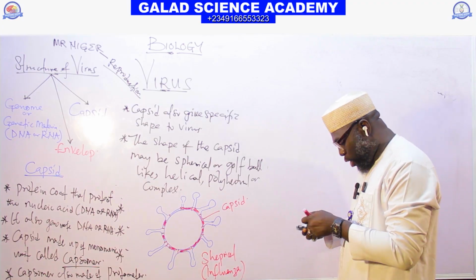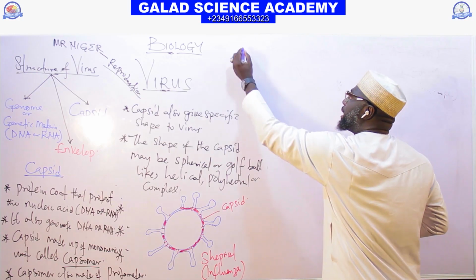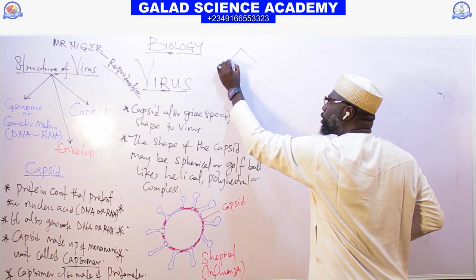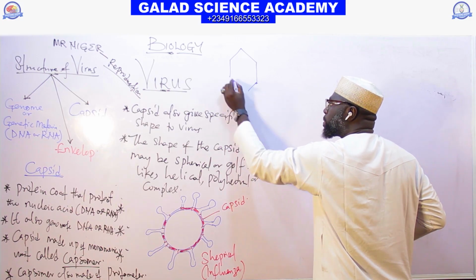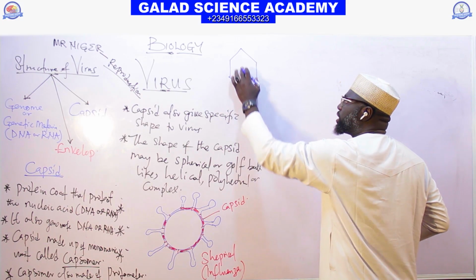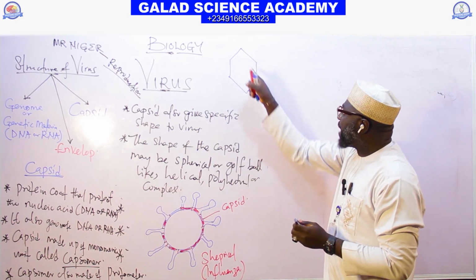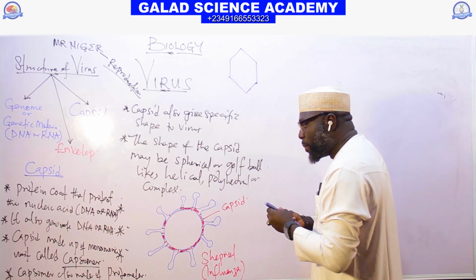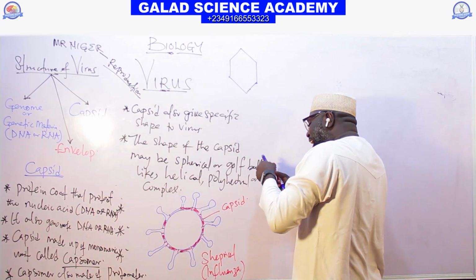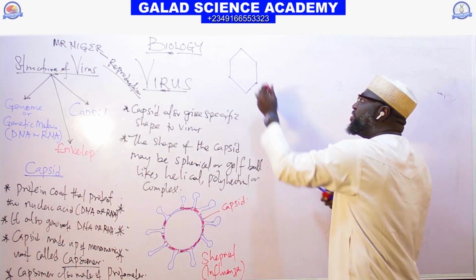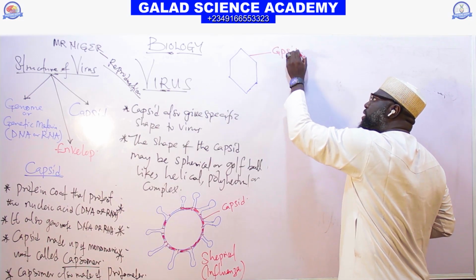But we have some viruses whose capsid is in the form of this. Can you see this structure? This is a virus, and this layer that surrounds it, we call it the capsid.